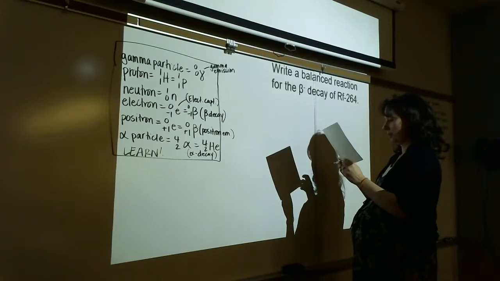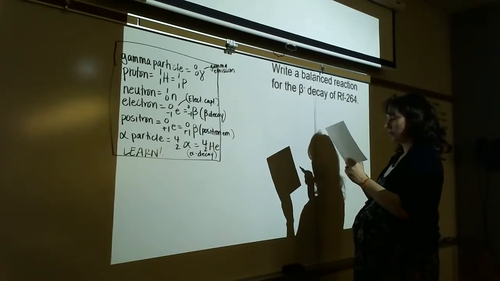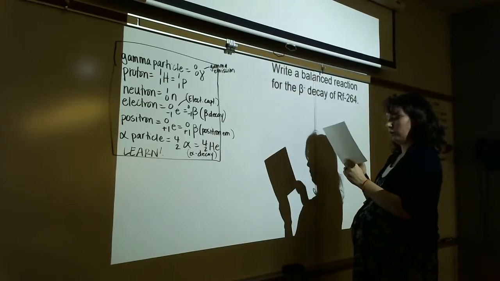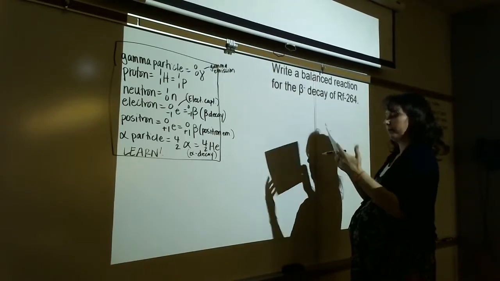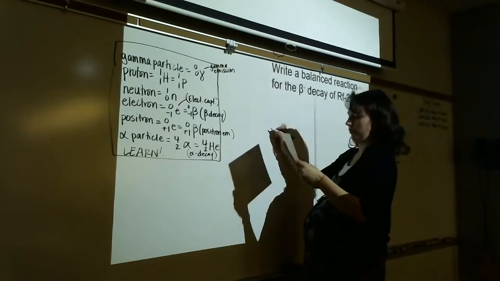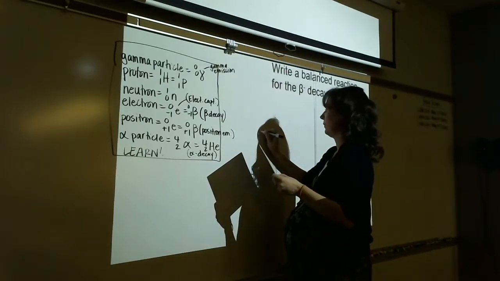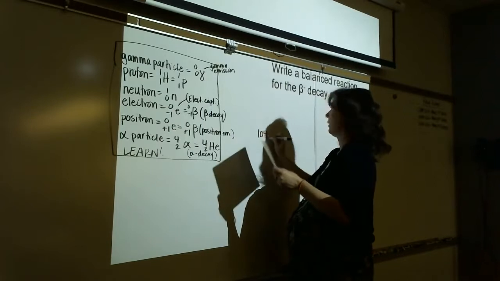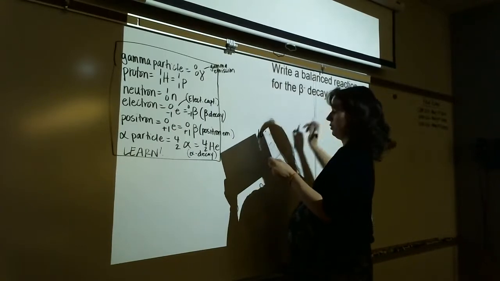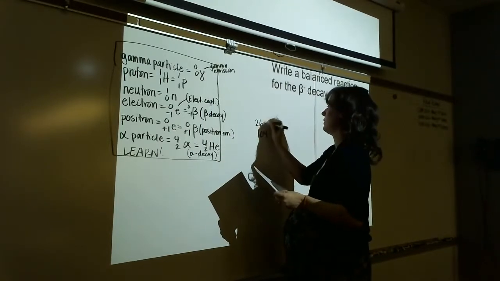Where's Rutherfordium's mass number and atomic number? Rutherfordium, where are you? There we go. It's element number 104. Didn't know that one off the top of my head. Don't do a lot with Rutherfordium. So 104, and 264 is the mass number.